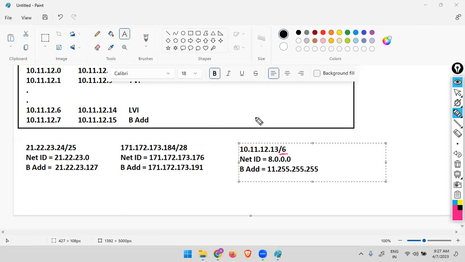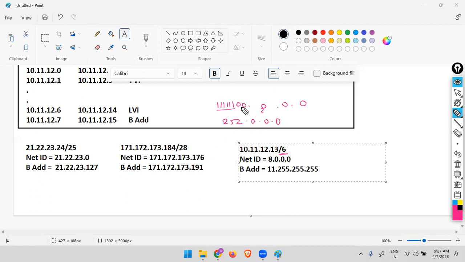According to 6 means first octet. So first octet, your subnet mask will be this one, and remaining all 0, 0, 0. Right? So 6 ones, 2 zeros. What will be the value? Is it 252? Right?